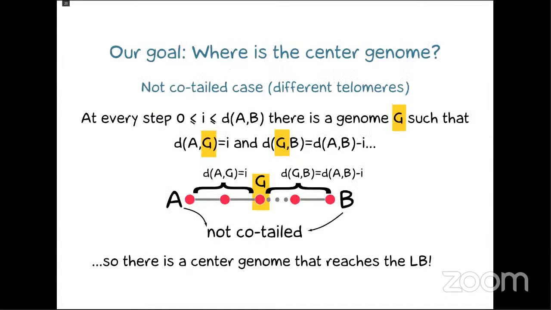Okay. Now let's take a look at the not cotailed case. In this case, the genomes differ by at least 1 telomere. Actually, by at least 2.